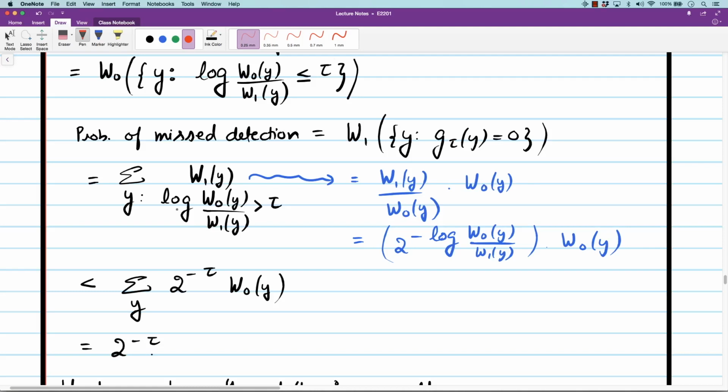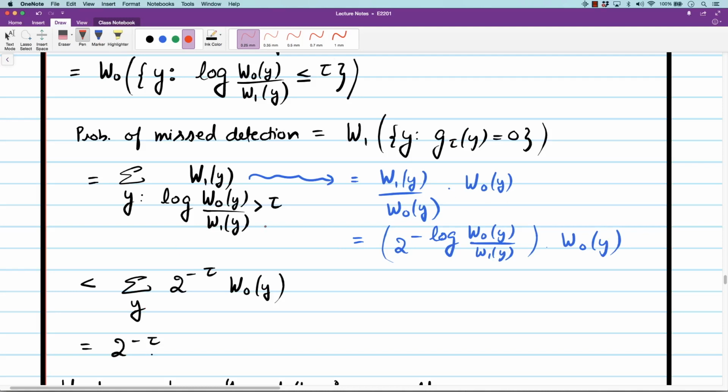Well, this condition tells you that W0 by W1 is more than tau. We are only summing over those y's. Over all these y's, you can see that this ratio, which is just 2 to the power minus log of W0 by W1, is less than 2 to the power minus tau. You can see that. This is greater than tau, so therefore minus of this is less than minus tau. Therefore, this probability is less than summation over y of 2 to the power minus tau times W0 of y.